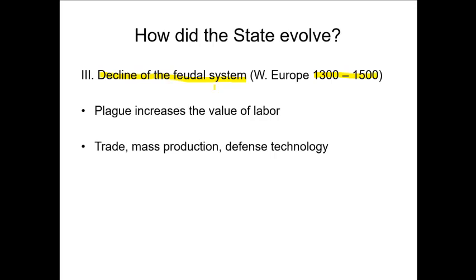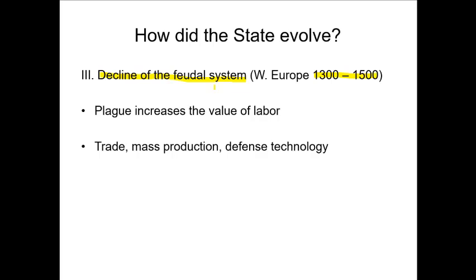And also around this time, we start to see innovations in technology, production, and agriculture that started to result in trade. We started to see some major trade routes in this area. We started to see earlier forms of mass production.